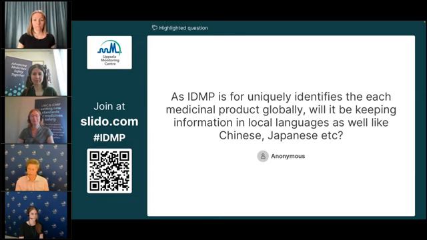But it's most likely that when each country implements IDMP, they will have their information in their own language, of course, and then it will be linked to the global identifiers. They should probably have that information about the products, their local dose form, for instance, and so on.